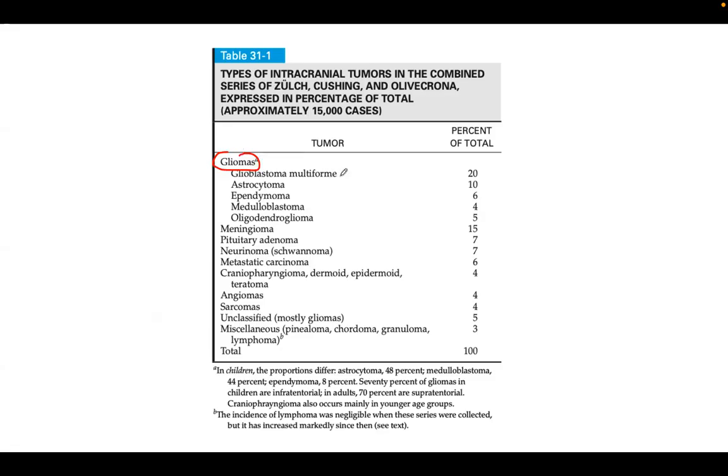Most common of the gliomas is the GBM, the glioblastoma multiforme. This is followed by the meningiomas. Okay, so that's your take home from this table.